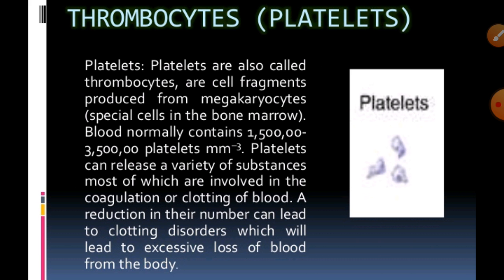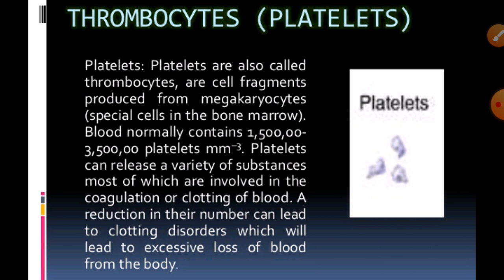In structure, platelets are oval, disc-like cells found only in mammalian blood, and they have no nuclei. Platelets contain mitochondria, Golgi apparatus, and other structures like granules, tubules, filaments, actin and myosin, and ADP.